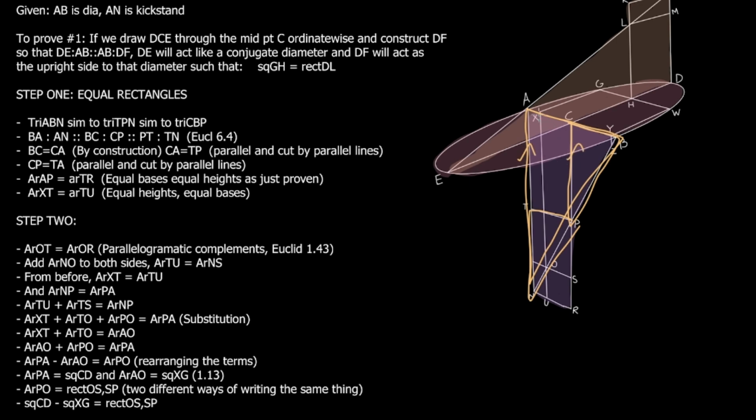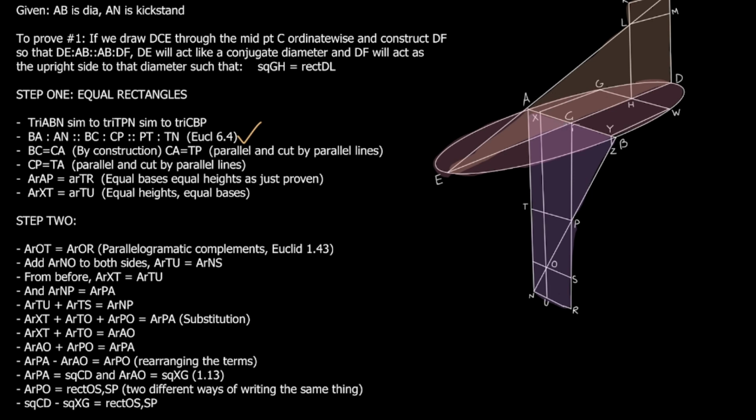You know, this drawn parallel to this drawn parallel to this. Easy enough. And that means that BA is to AN as BC is to CP, and PT is to TN.